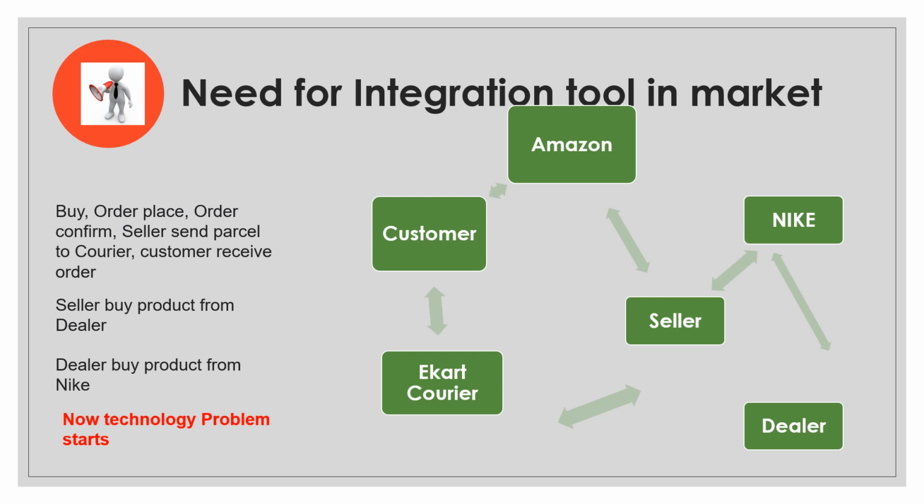Whenever an order comes, the seller should have that item. If the seller says he has only one left and there is an order of two, then the seller will take more products from Nike. He won't go to Nike directly. He might go to a dealer, and the dealer will give it to the seller, with the dealer getting the products from the company Nike. So this cycle starts increasing.